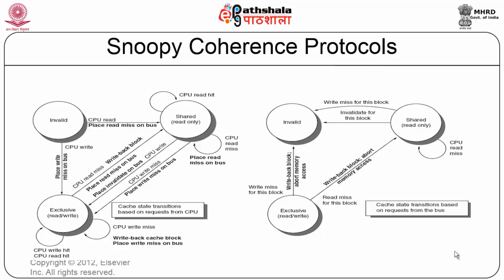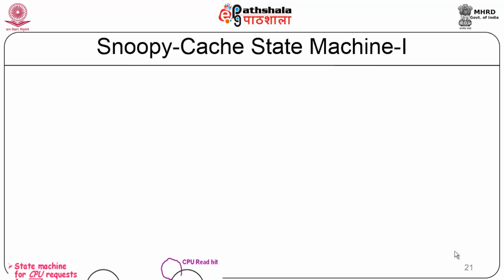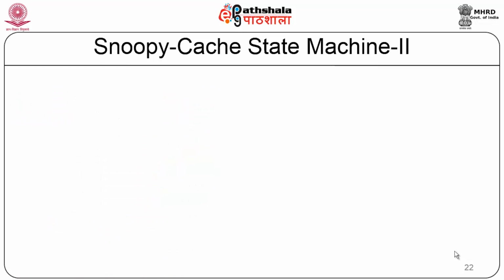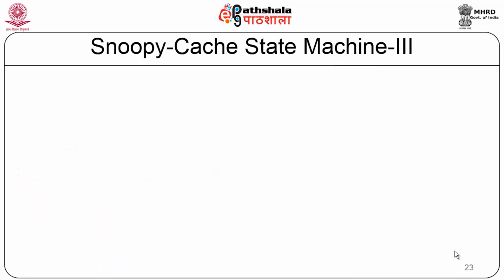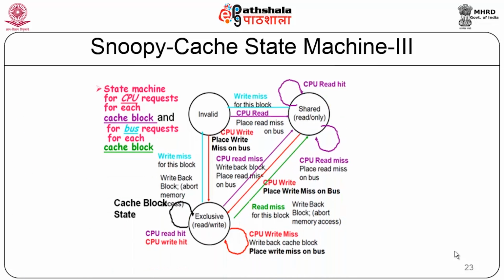So, depending on that and depending upon the address that is transmitted on the bus, you have the various caches responding to it. So, this is your state machine, one state machine. This is from the cache block's point of view, and this is a combined state machine. So, the state machines give you the same information as we discussed in the table.